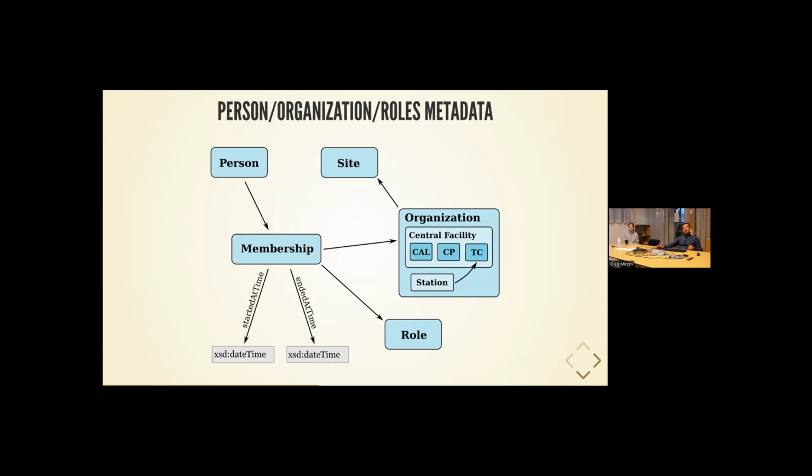They start at some point and they end at some point. They have a certain role at a certain organization for a certain period of time. This is a pretty flexible design because a person can have multiple roles at the same organization and at different organizations and so on. And multiple people can have the same role. They can overlap in time partly or fully. So full flexibility here.